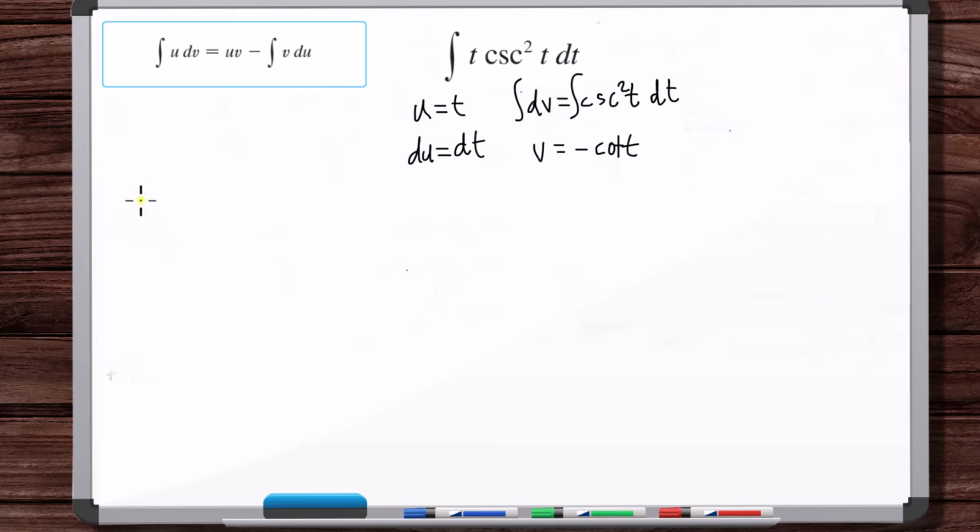So the integral of t cosecant squared t dt is equal to uv, minus t cotangent t, minus the integral of v du. So we take out that minus, and you've got the integral of cotangent t dt. We could reference our table of integrals here, but let's take a look at the derivatives of trig functions.